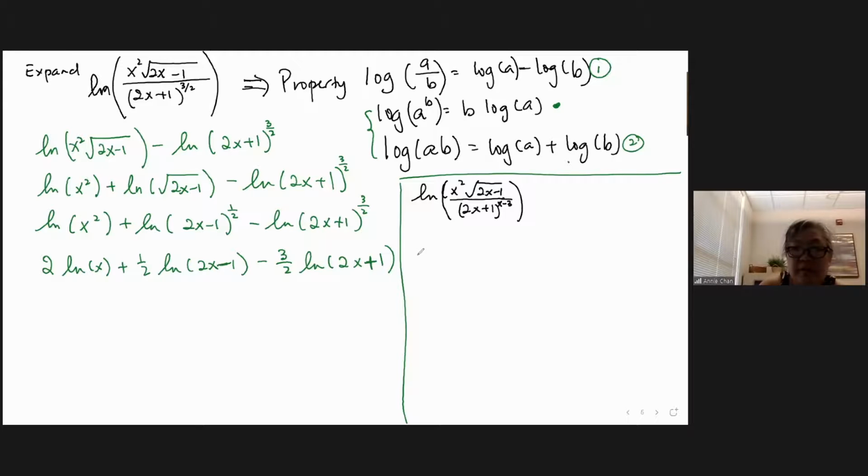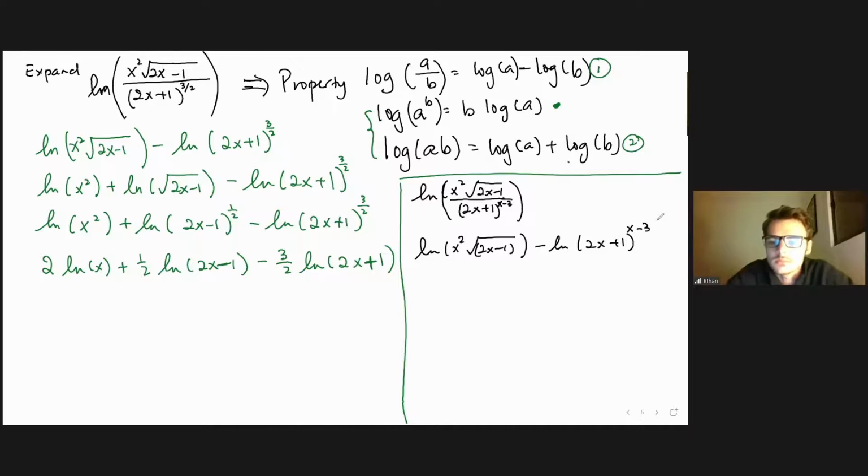This step here will be natural log of x squared times 2x minus 1, right? Minus natural log of 2x plus 1, x minus 3, yes? Yeah, so this is straightforward. And then I'm going to clean this up.